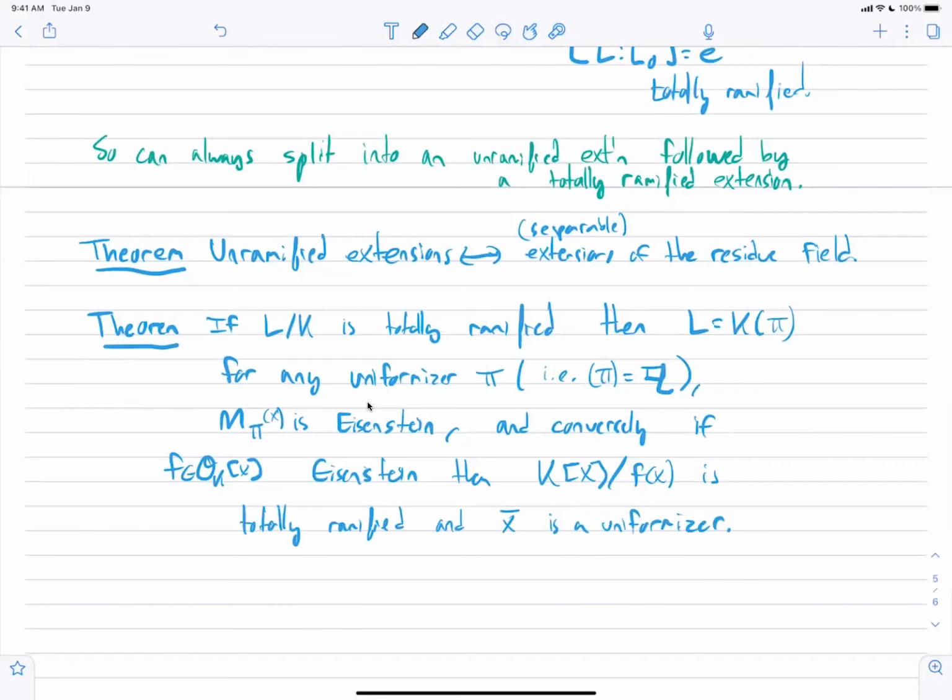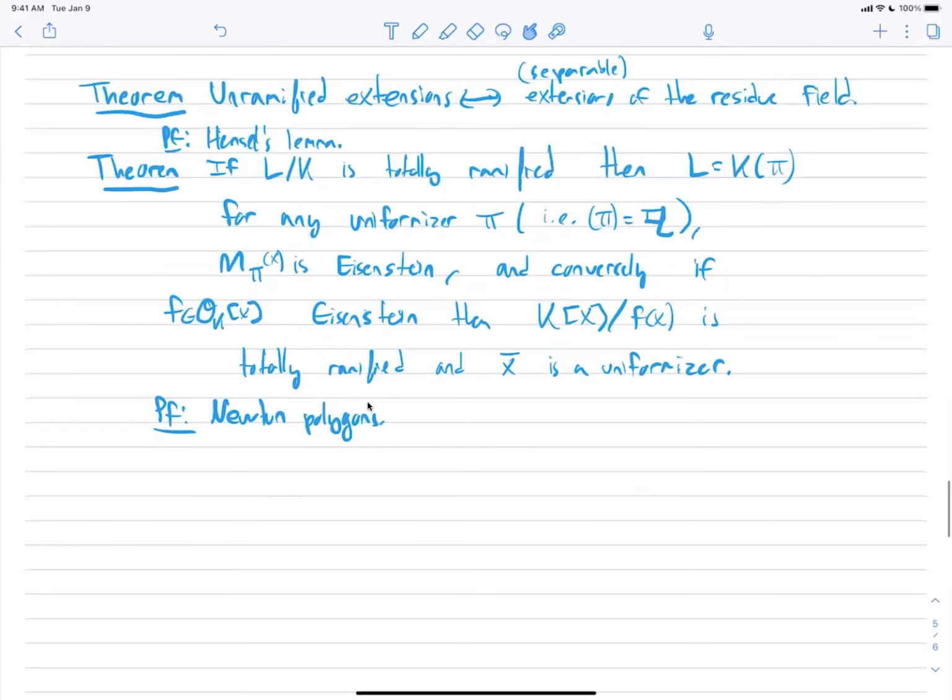Okay, and here the proof is basically just to use the Newton polygon. And the proof of the one up here is to use Hensel's lemma. Okay. Let me state a corollary of this.